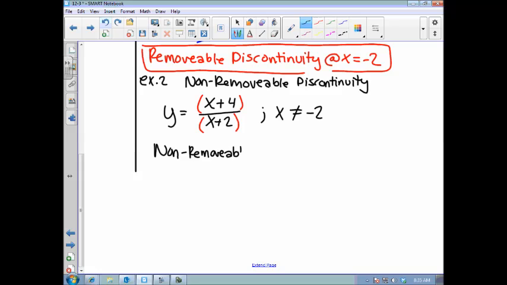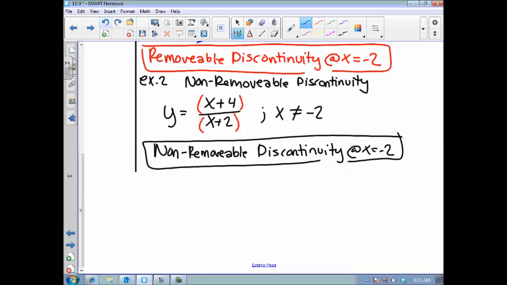Non-removable discontinuity at x equals -2. I have a question. How do you know it's -2? Okay, because the denominator can't be 0. So what number plus 2 would be 0? -2 plus 2.